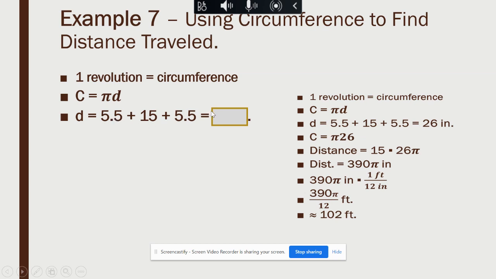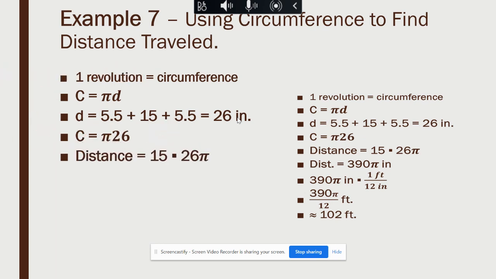So if we add all of those up together, we get 26 inches, and that's going to be the diameter of our tire. So the circumference is 26 pi. And our distance, we're going to do 15 revolutions. So we do 15 times the circumference to get 390 pi in terms of pi.